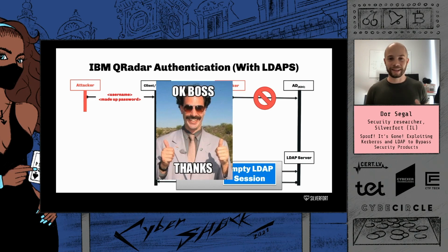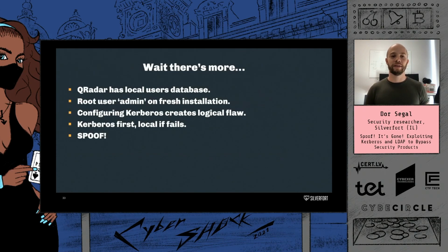But you think that's the end? Of course not. Curator has a local users database. When you freshly install Curator, the first administrator username is created locally. However, when you configure Kerberos, there's a logical flow that when you authenticate with the local username, it sends a Kerberos request to the domain controller to see if the user exists in the domain controller.